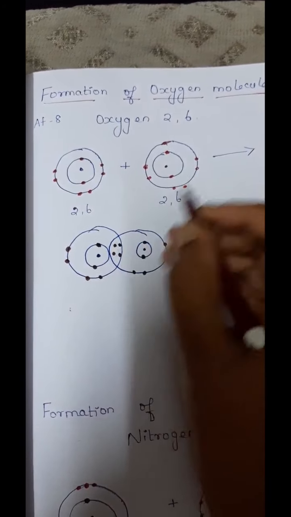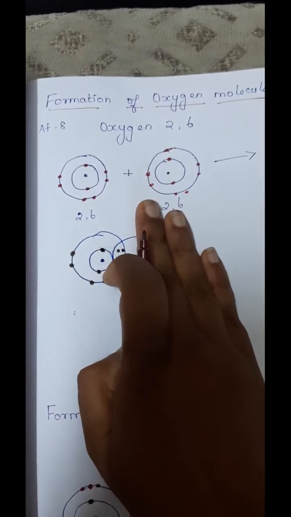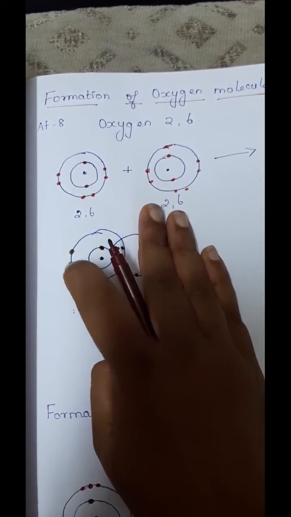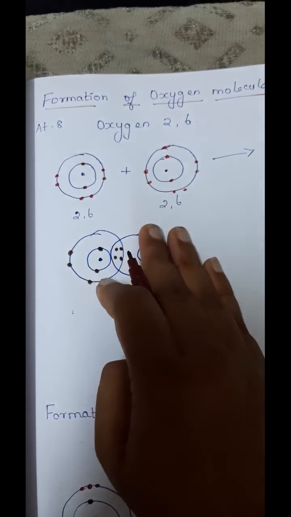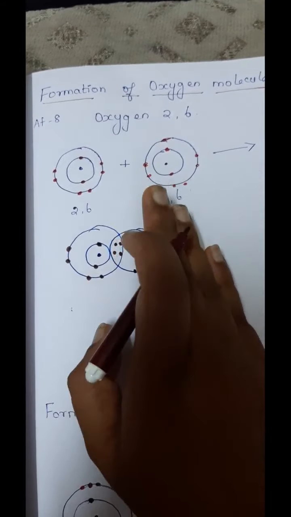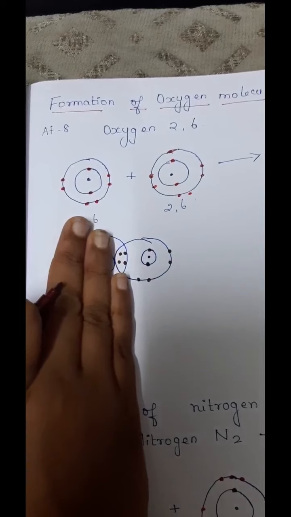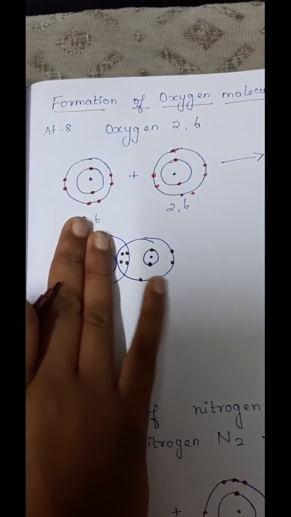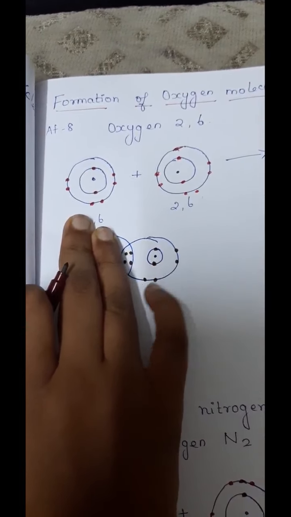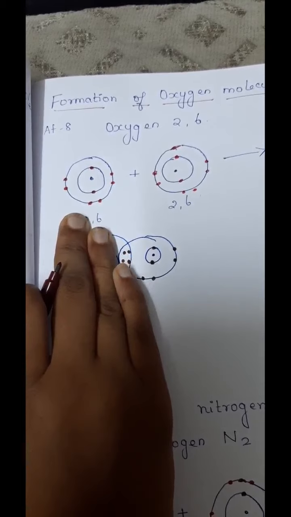Now just close this one and see how many electrons you are having in the last shell. First shell will be having 2 electrons and look at it from the last shell: 1, 2, 3, 4, 5, 6, 7, 8. So to attain the stable configuration, it is sharing. So you just close and see how many electrons you will be having totally in the last shell. 1, 2, 3, 4, 5, 6, 7, 8.